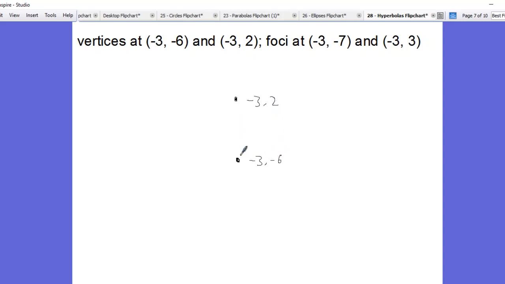So if we move up 4, we have our center at -3, -2. Plus 4 to go up, minus 4 to go down. That's our center. And we have foci at -3, 3 and -3, -7.